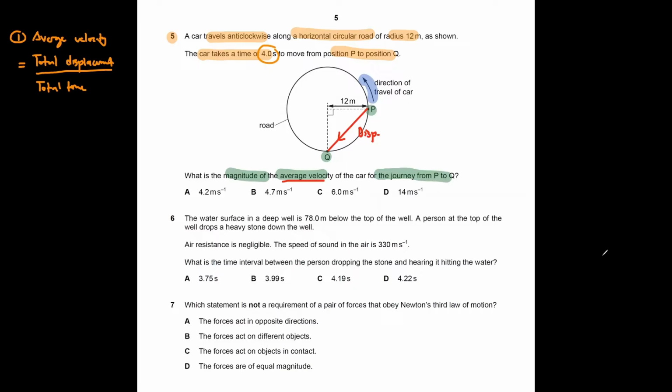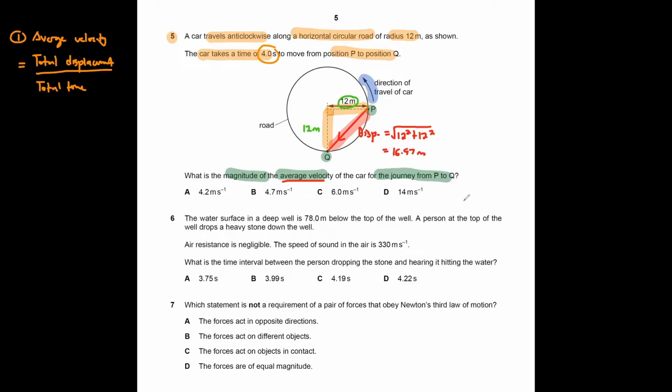So from there, you will also be able to notice that there's actually a right angle triangle right over here. So we know it's 12 meters here. It should also be 12 meters here. From there, we will be able to use Pythagoras theorem to find out what is our total displacement. It will be 12 squared plus 12 squared, giving us 16.97 meters.